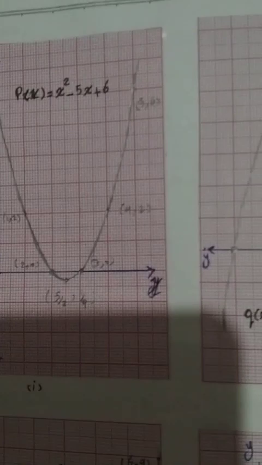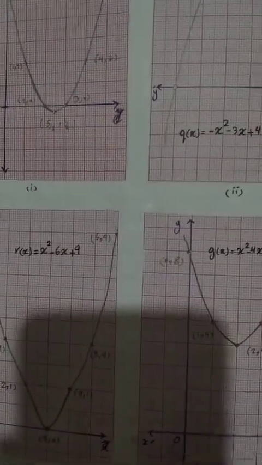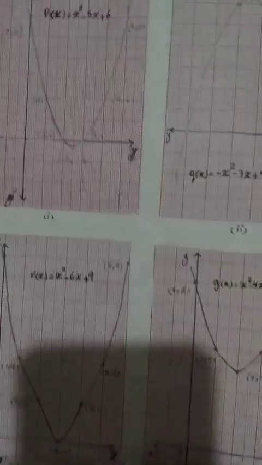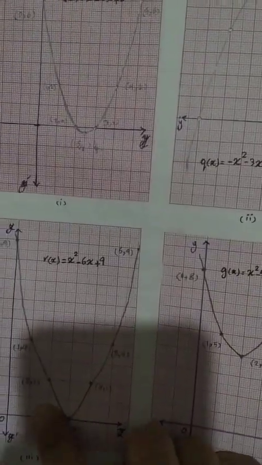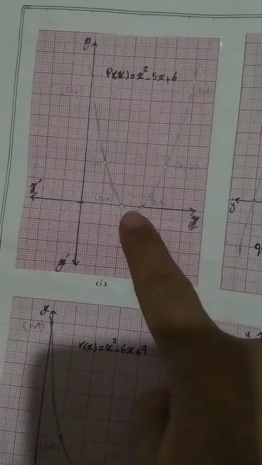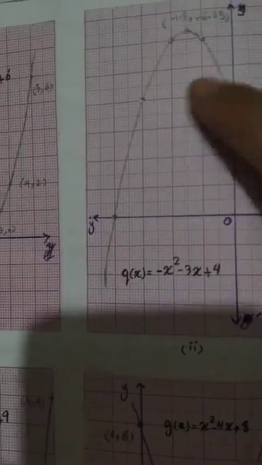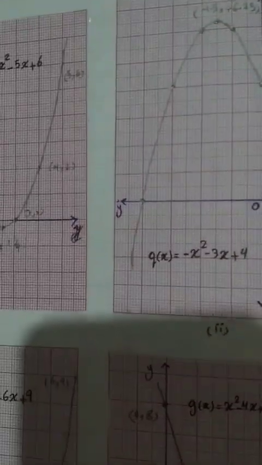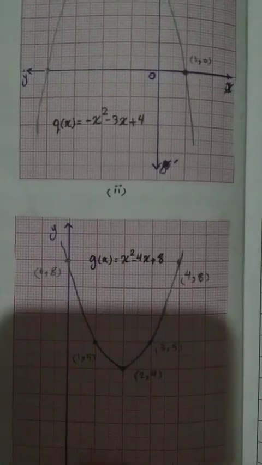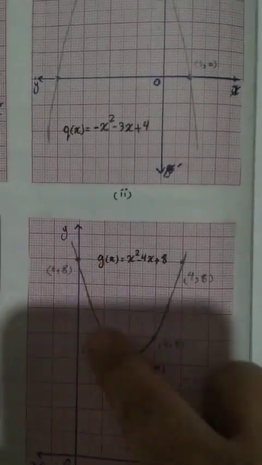If x is to the power of 2, it is going to be curved either like this or like this, depending on whether the x squared term is negative or positive. Here they are all curved, like this one is exactly on the line. This is a little lower. This is curved down on the negative part, and this is even more up from here.